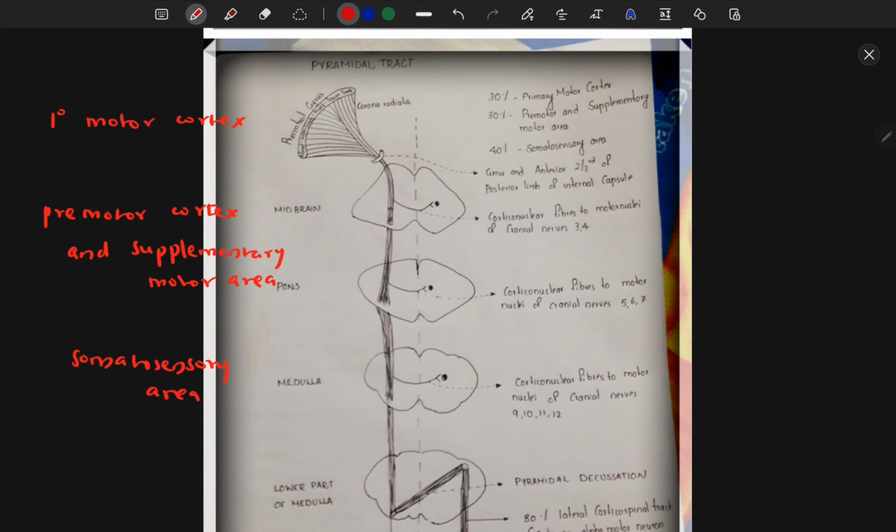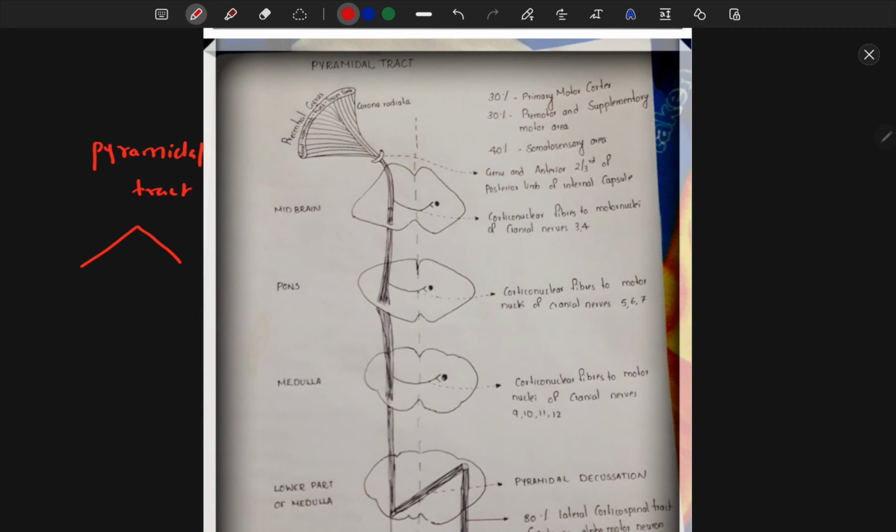So from the cortex, there is a descending pathway. 30% of the fibers come from the primary motor cortex. Another 30% of fibers come from the premotor cortex and supplementary motor cortex. And 40% of the fibers come from the somatosensory area.